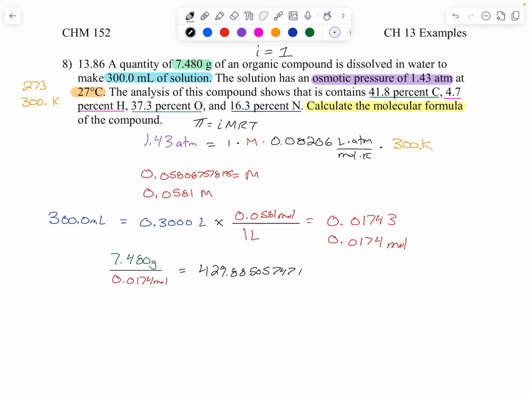With 3 sig figs, 430 grams per mole. Excellent.